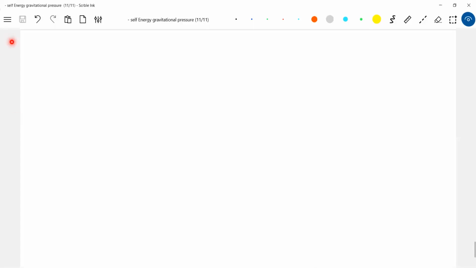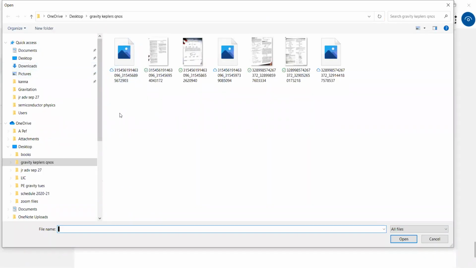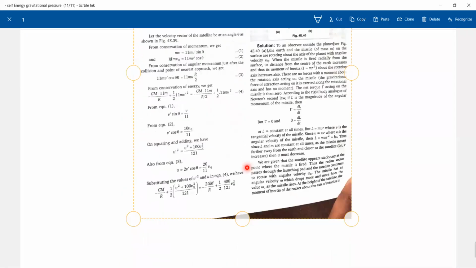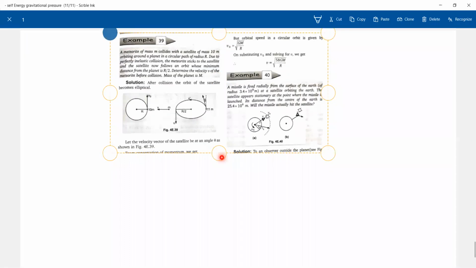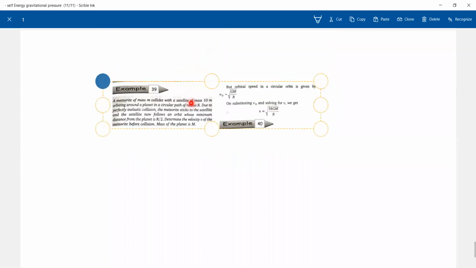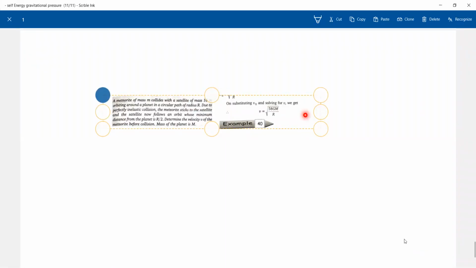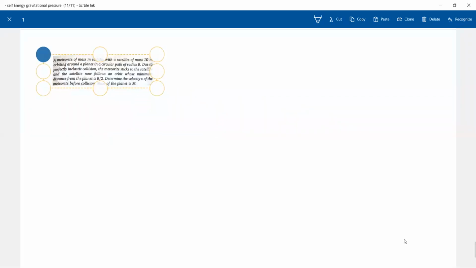One problem we'll take. This is for Kepler's law, there's one question I'm taking. Okay, let's discuss this one.